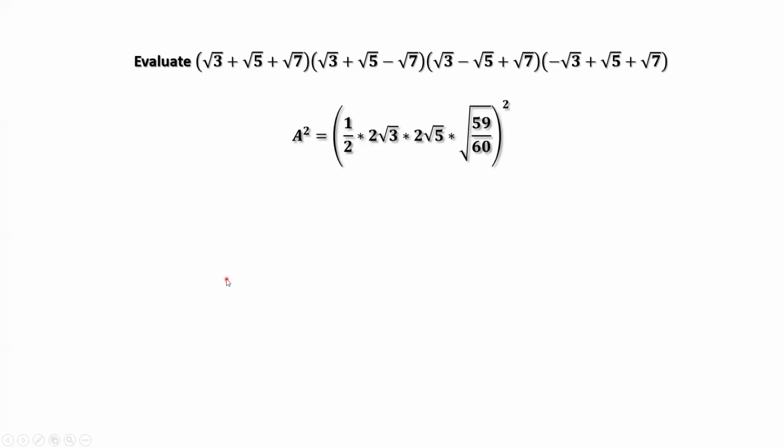We have the final answer for A squared equals 59. What is A squared? We already derived A squared is the same as this expression. The value of A squared is the final answer for this question.